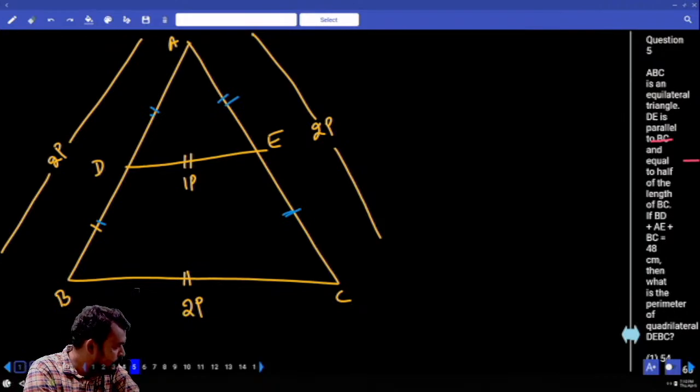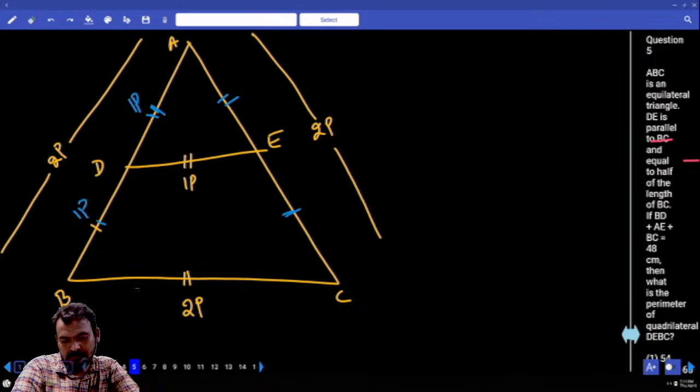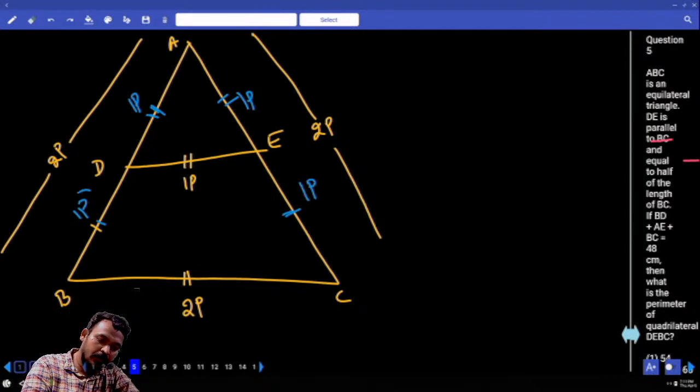Two parts, 1 part. Equal ratio. What is the BD value? 1 part.